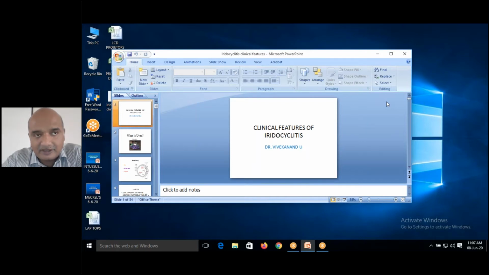Cornea, we come across KPs. Now KPs can be of different types: mutton fat, fine KPs, old KPs, fresh KPs, red KPs, and so on. Then in the anterior chamber, we have the cells and flare, which can be identified only through slit lamp. It is not possible to see them with the torchlight.